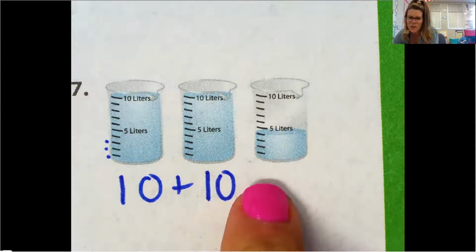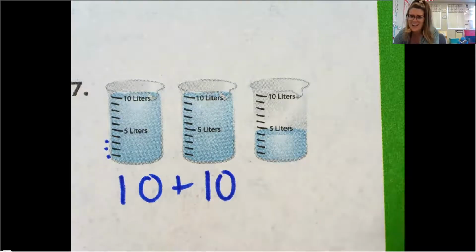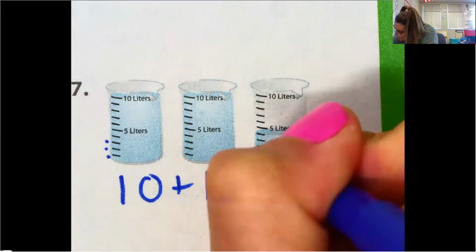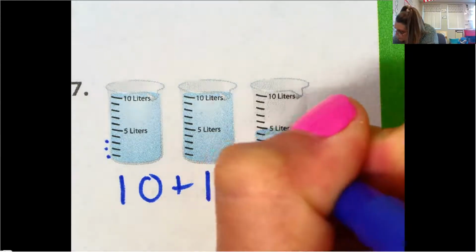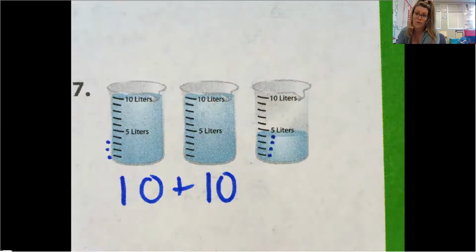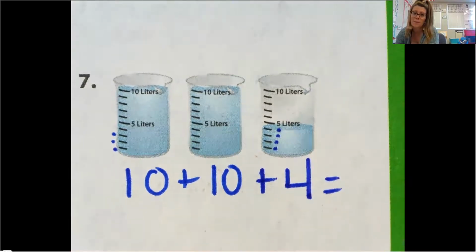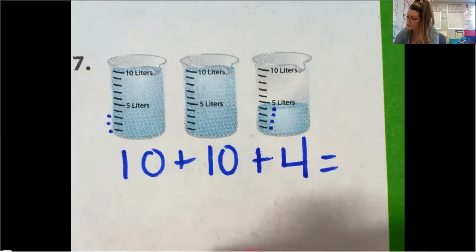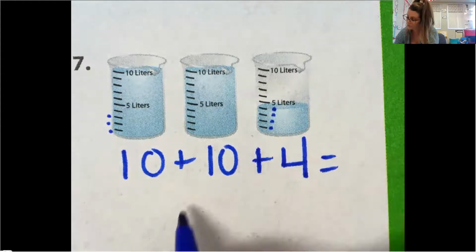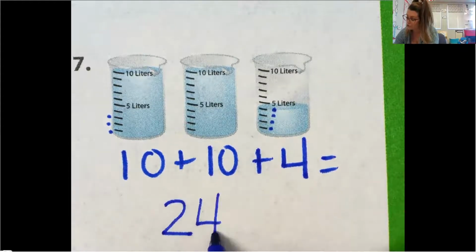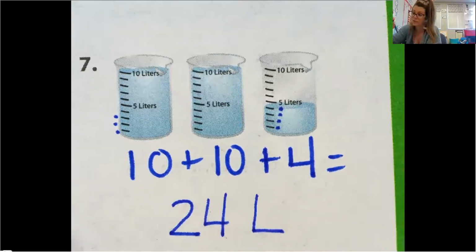Oh, look at this one. It is not quite at the 5. It looks like it's 1 below. So if we count our marks, 1, 2, 3, 4. So 10 plus 10 plus 4, which equals what? How many liters? Go ahead and write it down. You should have gotten 24 liters.